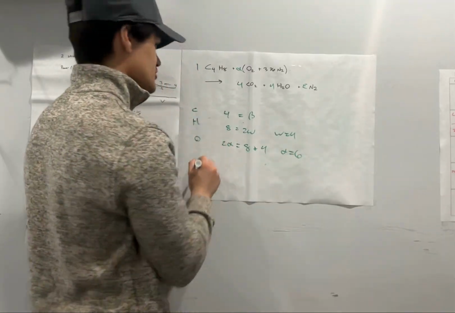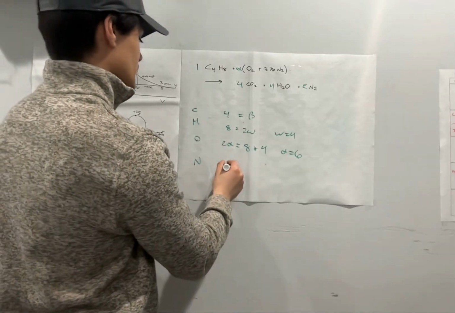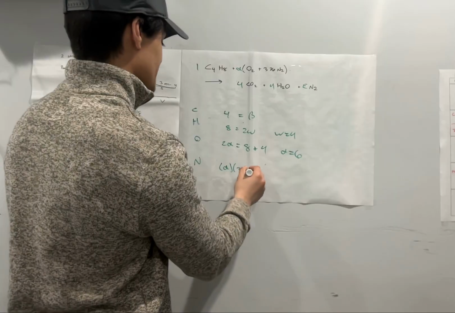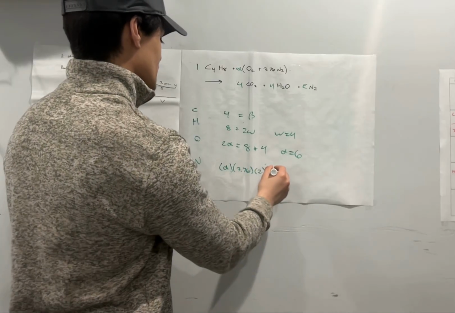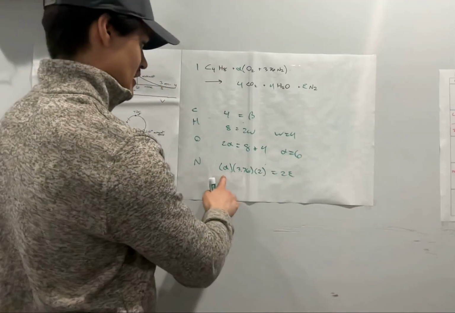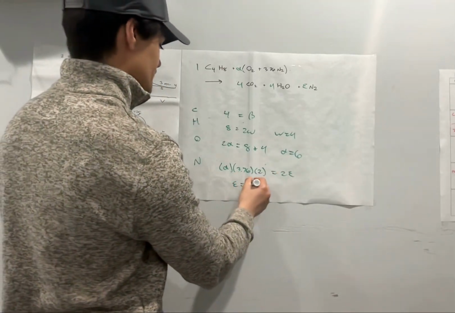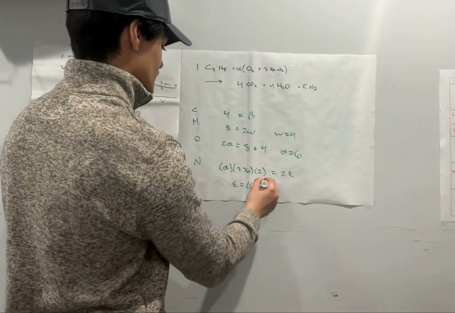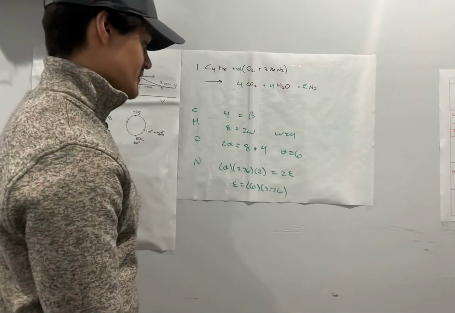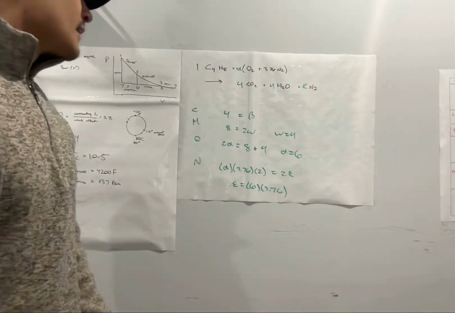And then for nitrogen, we have alpha times 3.76 times 2 equals 2 epsilon. We know alpha is 6, so to solve for epsilon, you get 6 times 3.76, which is a number, whatever that equals.